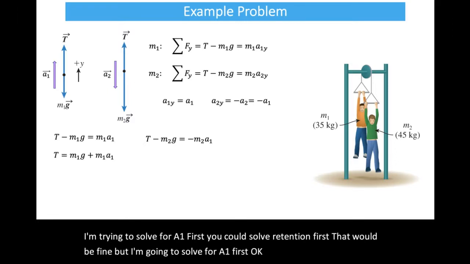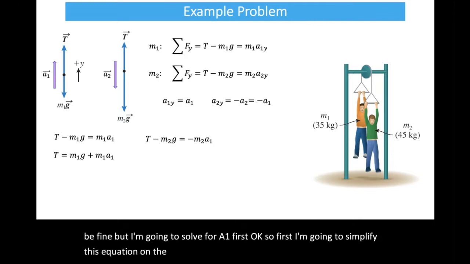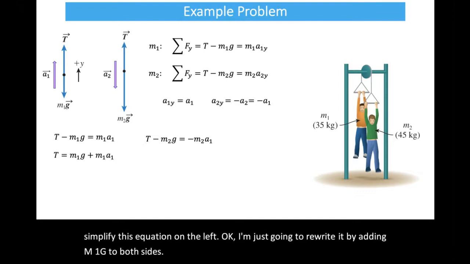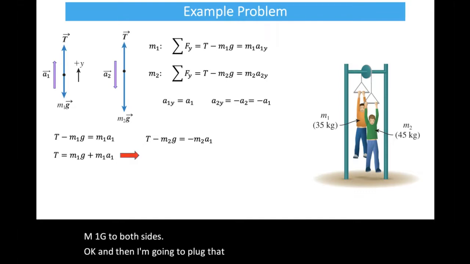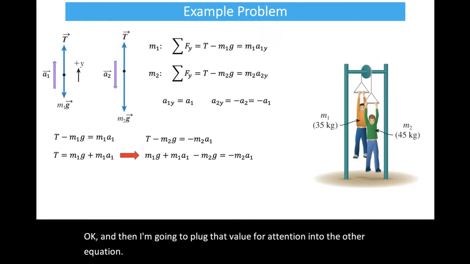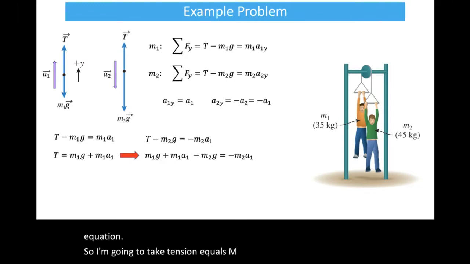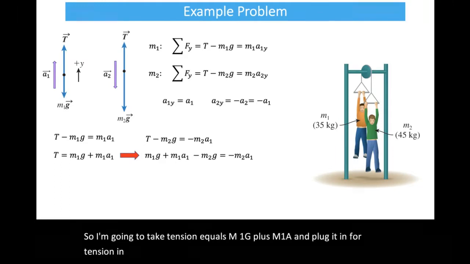So first I'm going to simplify this equation on the left. I'm just going to rewrite it by adding m1g to both sides. And then I'm going to plug that value for tension into the other equation. So I'm going to take tension equals m1g plus m1a1 and plug it in for tension in the second equation. So that looks like that.